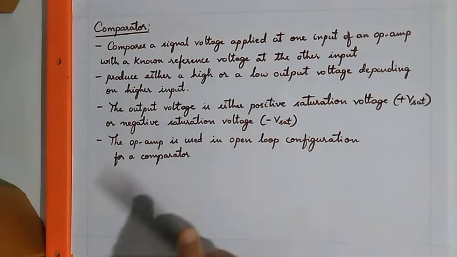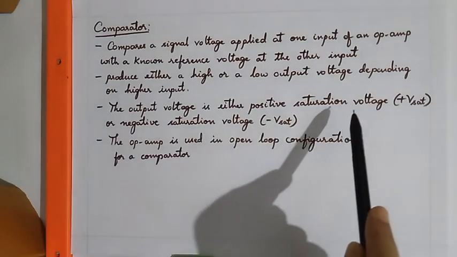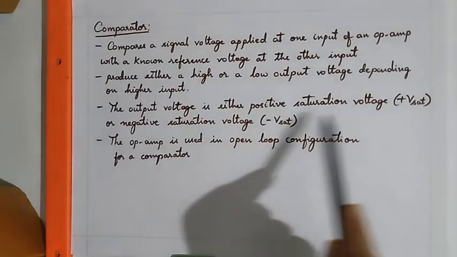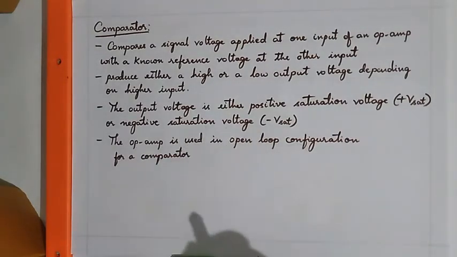The output voltage in this case is either a positive saturation voltage, plus Vsat, or a negative saturation voltage represented by minus Vsat. The op-amp in this case is used in the open loop configuration.